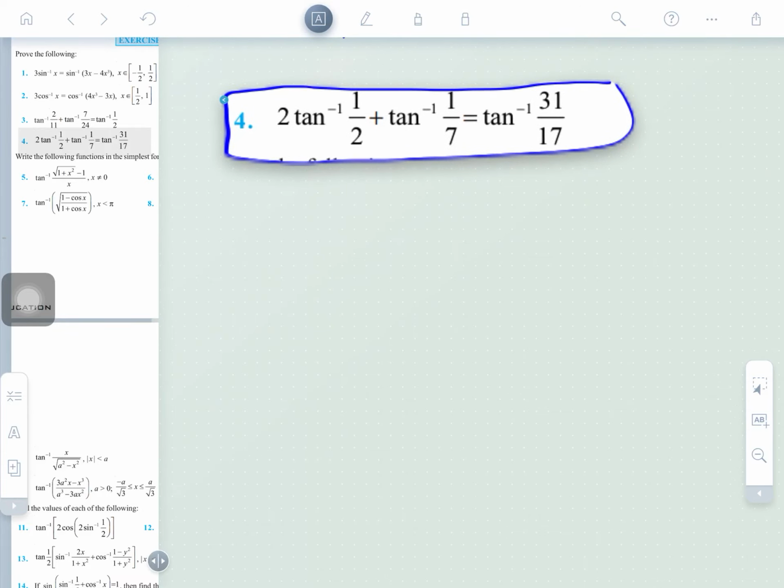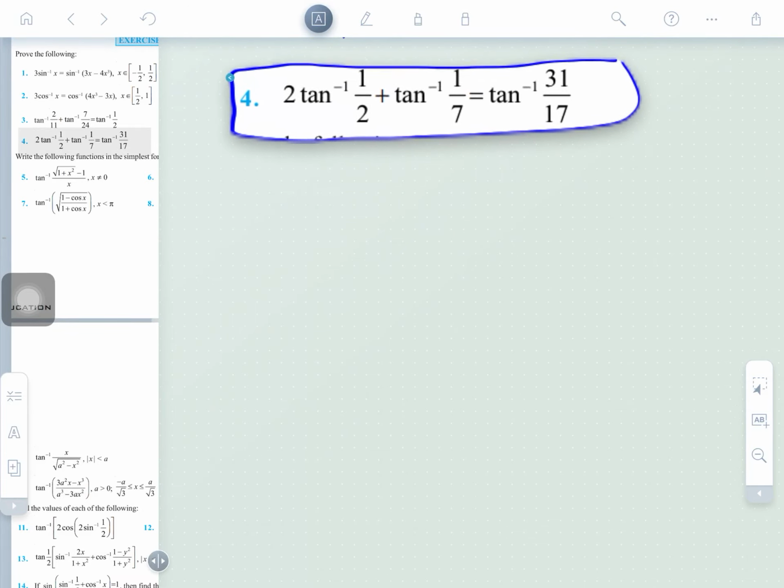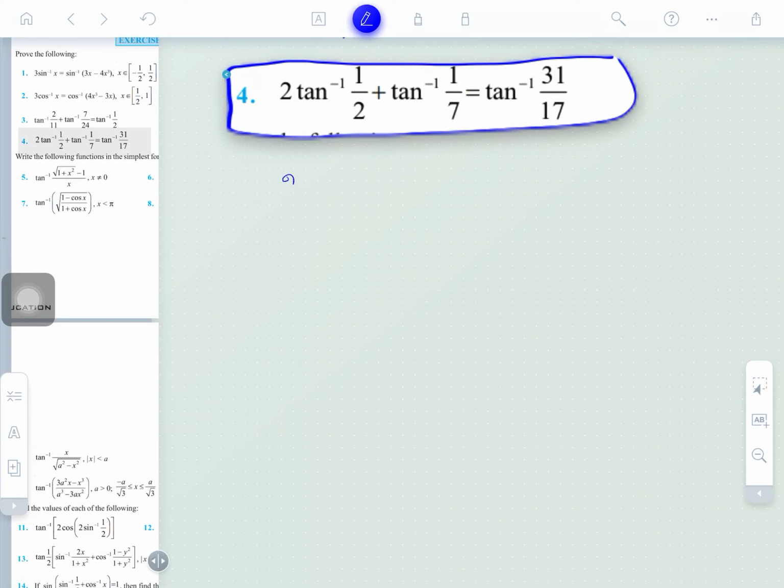You will see the pattern is like this. The question is about 2 of tan inverse 1 by 2, and the second term is tan inverse of 1 by 7.